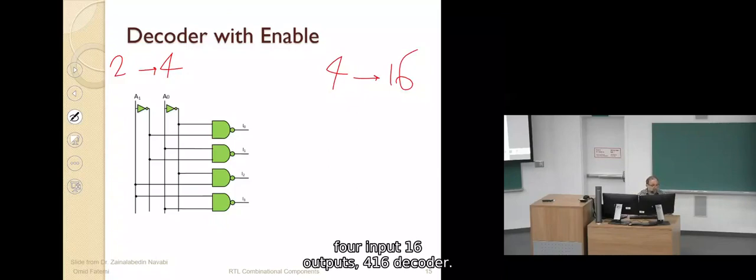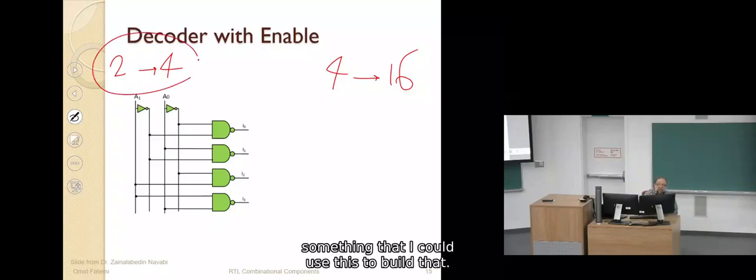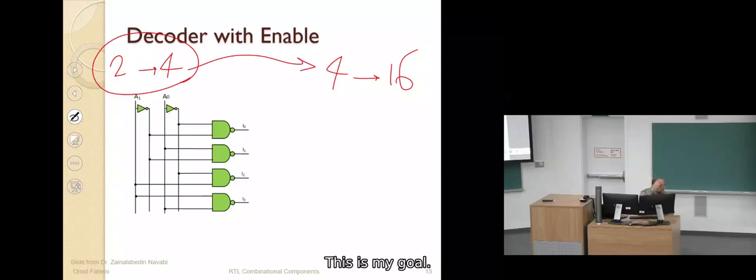My thinking is that I build something that I could use to build that. This is my goal. I would like to design something that I could use iteratively, repeatedly, to get a larger design.